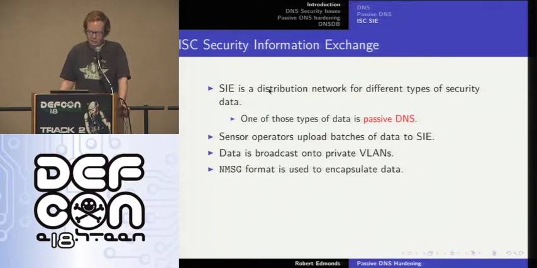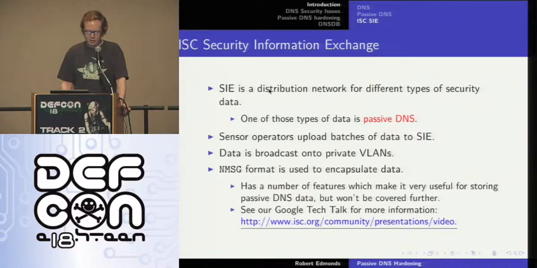So for instance, instead of storing a flat stream of packets like your typical PCAP file, we embed both the query and its corresponding response into a single message, which we can then process as a unit, rather than groveling through an entire PCAP file. And we don't really need to cover the format anymore, but you can see our Google Tech Talk, where we describe just that format at that URL.